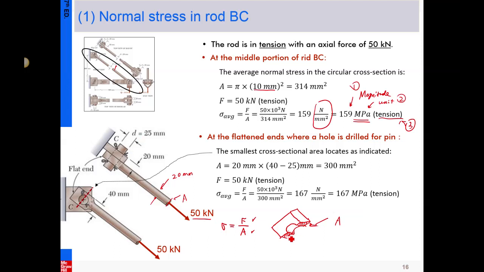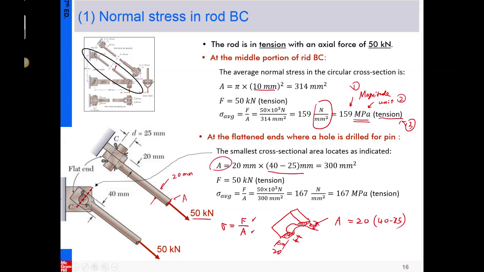So this width plus this width equals 40 minus 25, which is 15. And then this width equals 20. So A equals 20 times (40 minus 25). So that is this one.